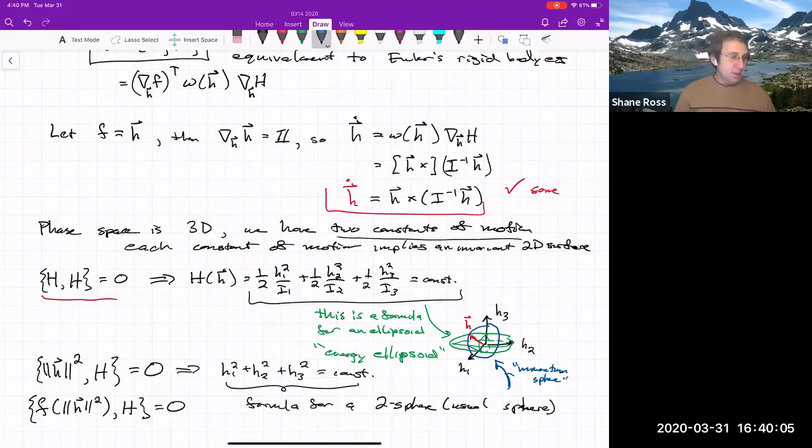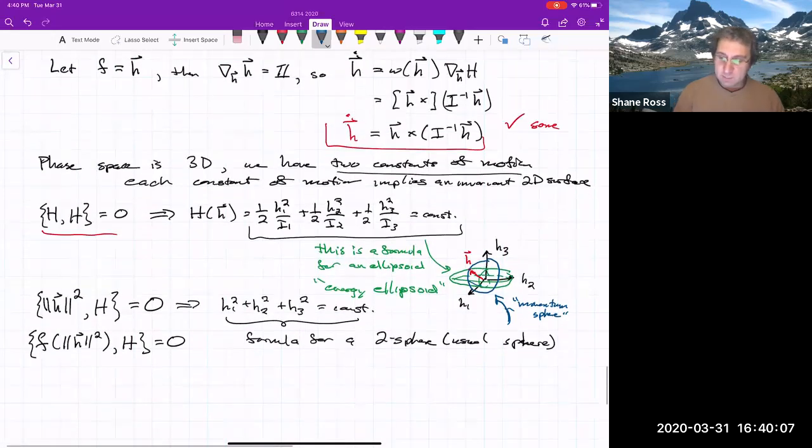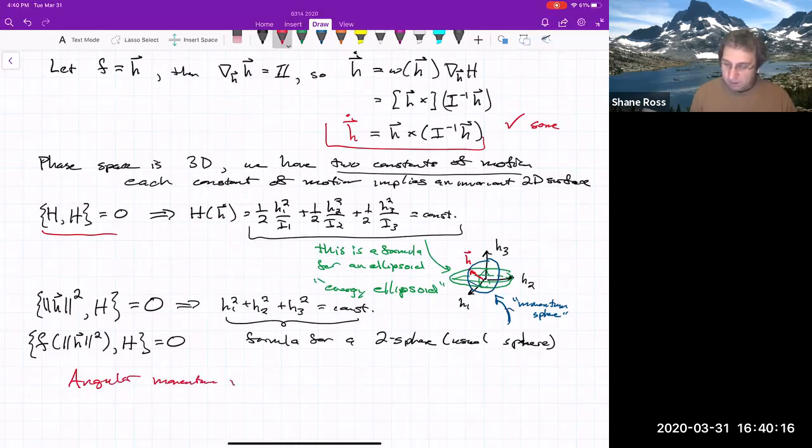And maybe you've seen this before. The angular momentum vector must evolve along the intersection of these two.